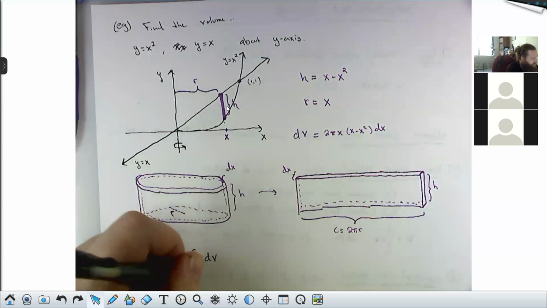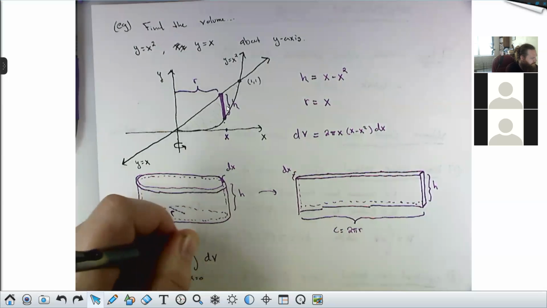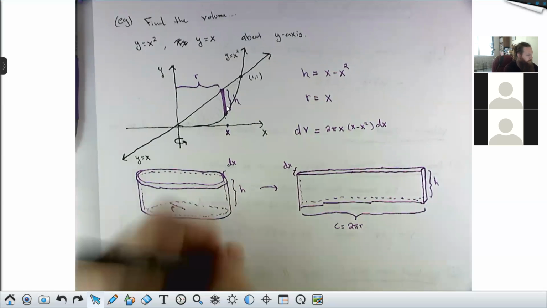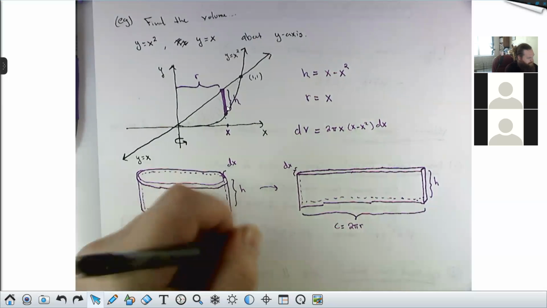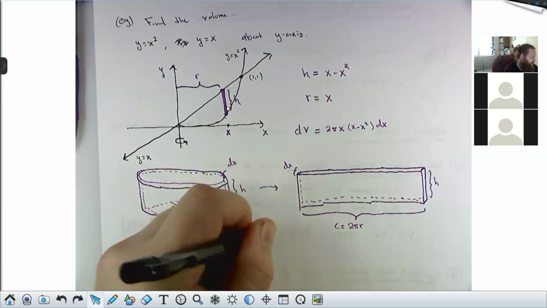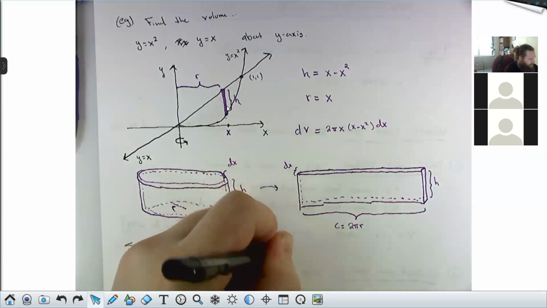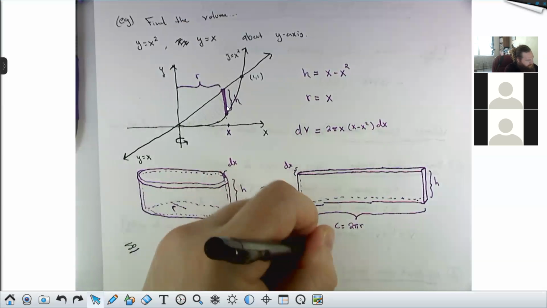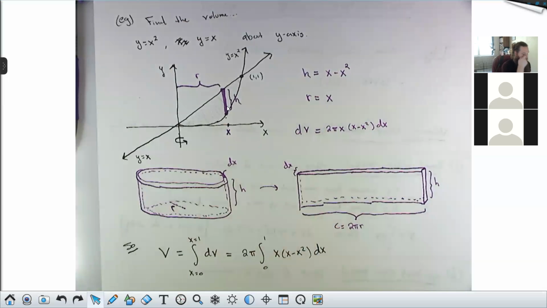That's from x equals 0 up to x equals 1. So when we plug everything in, I can pull out that 2 pi constant: 2 pi times the integral from 0 to 1 of x times (x minus x squared) dx.